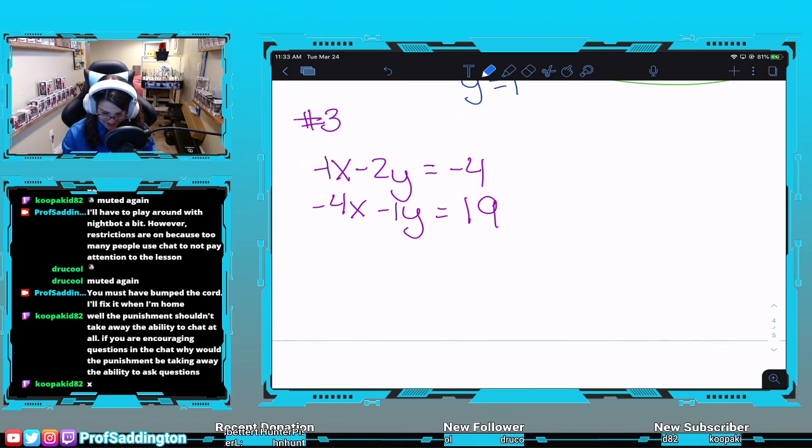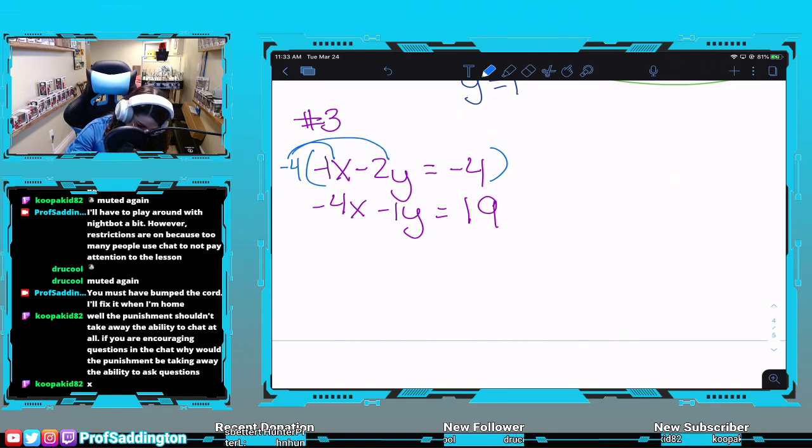I'm going with x. So I have a negative 1x and I have a negative 4x, which means I could get the top one to be a positive 4x to eliminate. So in order to do that, we're going to multiply the top one by negative 4, because a negative times a negative will give us a positive. And we're going to distribute it to every single term in that equation.